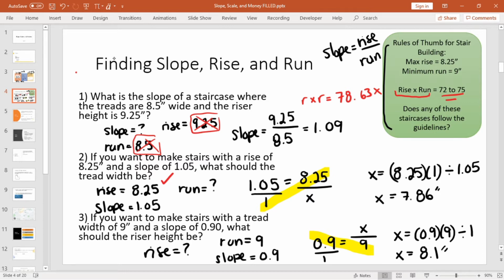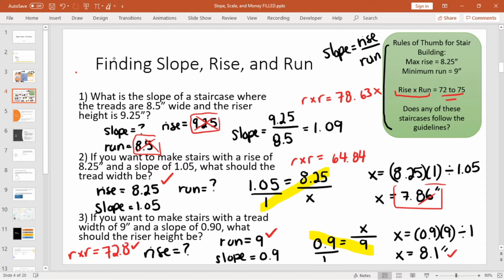Our run is too short. And then if we do the rise times run for number 2, we get 7.86 times 8.25, which should give you 64.84. And the last one, our run is 9. That's okay. Our rise is 8.1. That's okay. And if we do the rise times run, we are going to have, well, where'd it go? I wrote it down somewhere there, 72.8, which is okay as well.